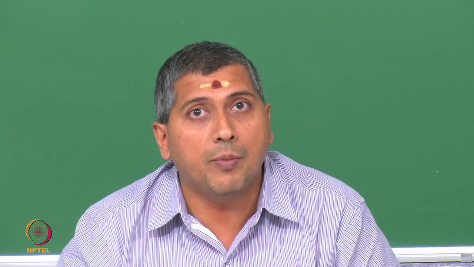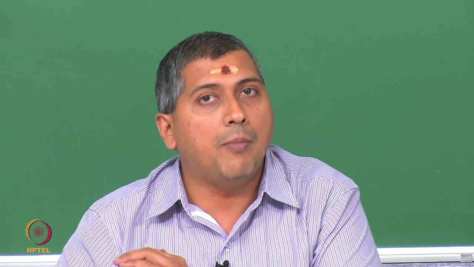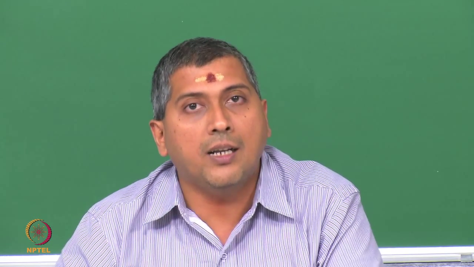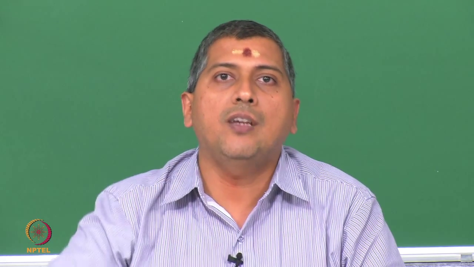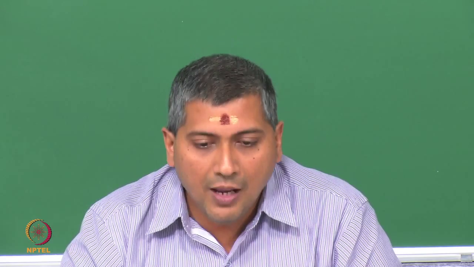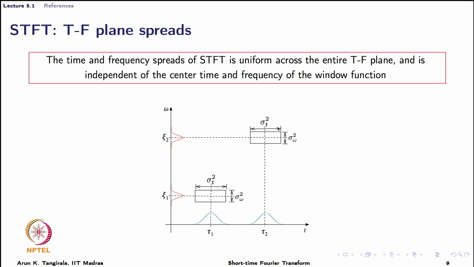But that is not what is happening in the short time Fourier transform. Regardless of the width of the segment that I have chosen, I am going to analyze it for all frequencies, and that is the consequence of this uniform spread in time and frequency across the entire time frequency plane. This will become more obvious when we talk about the wavelet transform as well.